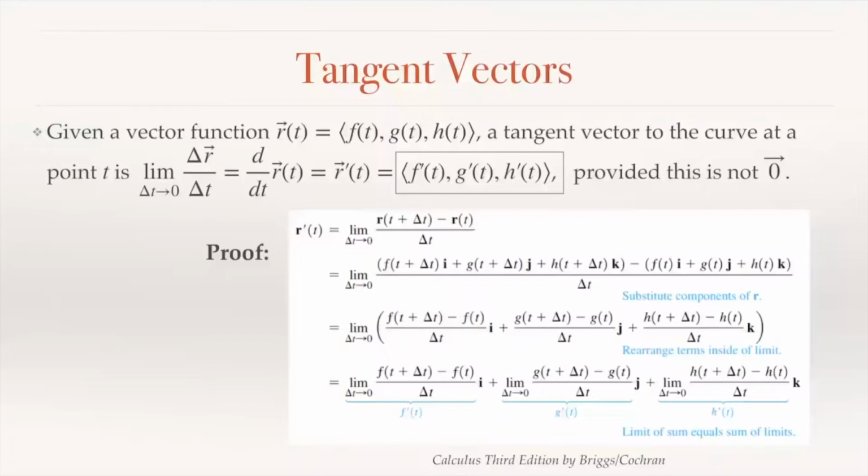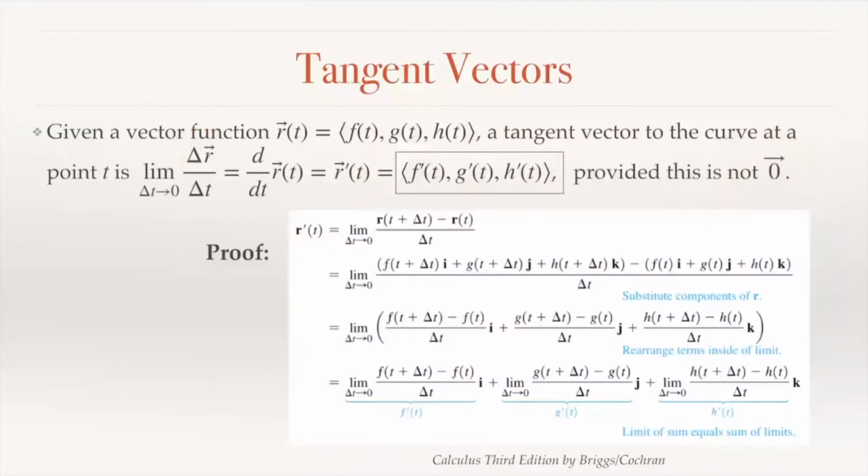The derivative of a vector valued function is fortunately just the derivatives of the component parts in the calculus 1 sense, provided that the resulting vector is not 0. After all, if the resulting vector is the 0 vector, then the 0 vector doesn't have a direction, so it would not be a tangent vector. We'll see some examples of this in a bit.